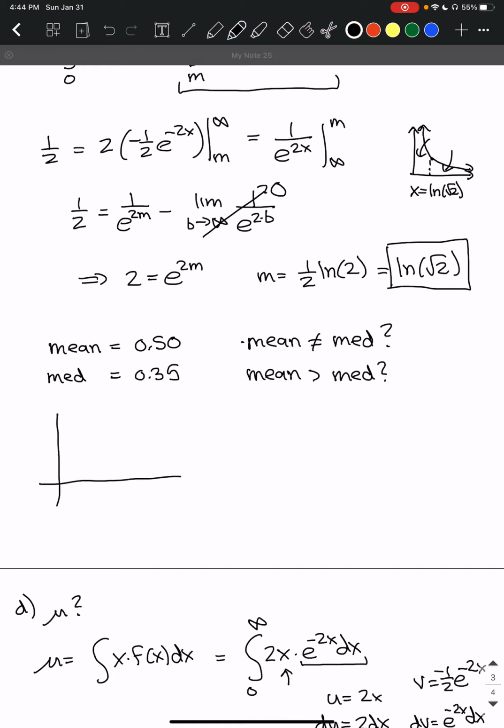So let's look really quickly. E to the minus 2x looks like this, right? So it jumps down super quickly. But what we have is a bigger area underneath very small numbers, right? So what this corresponds to in the list is that I have a lot of really, really small numbers.